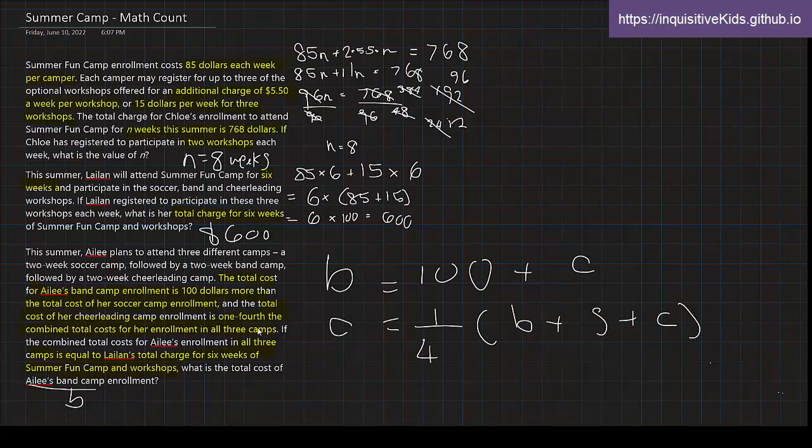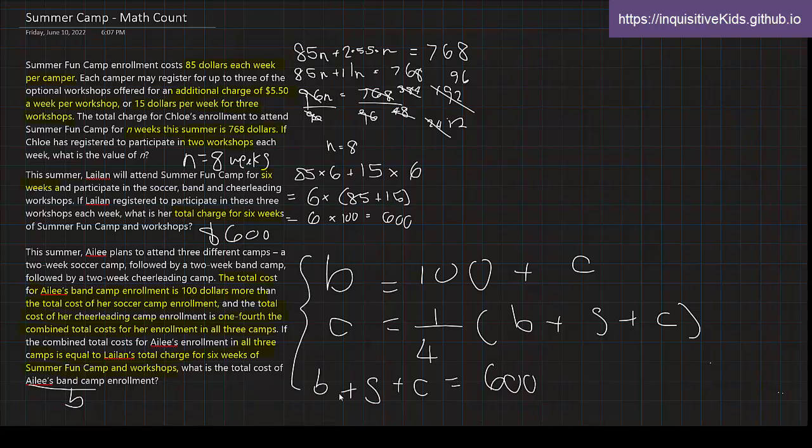And we know that it was 6 weeks, so 85 times 6 plus the costs of the workshops. But we actually don't have the 85 times 6 because we're also given that the money she spent just on camps was equal to $600.